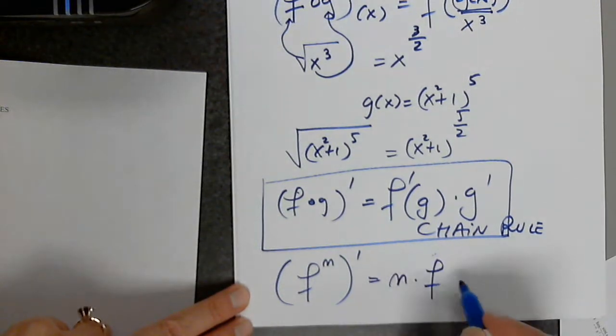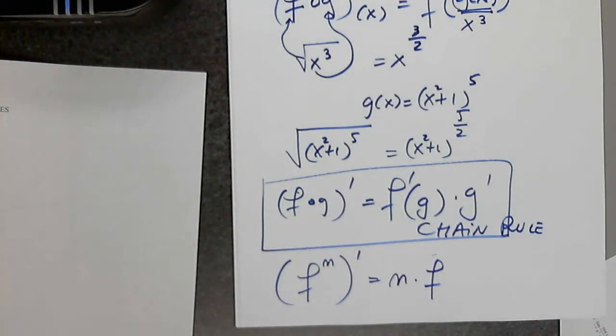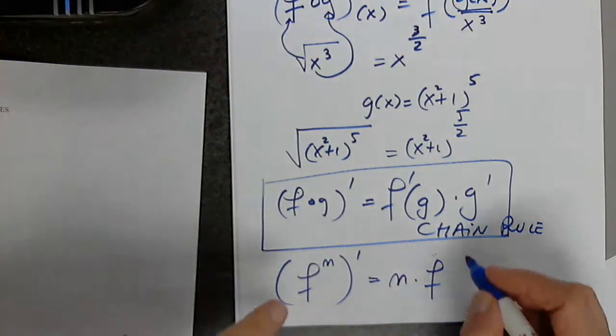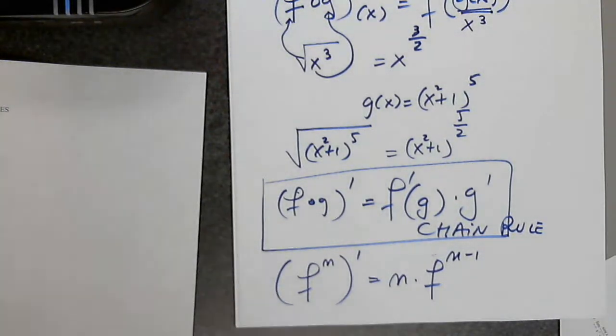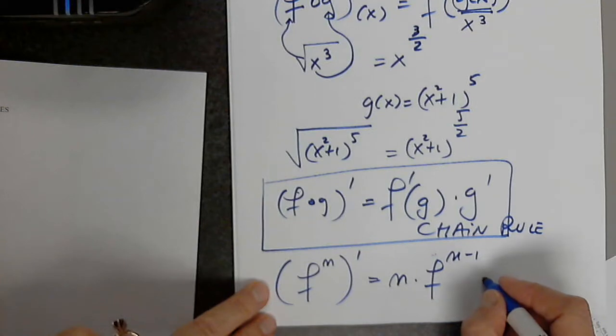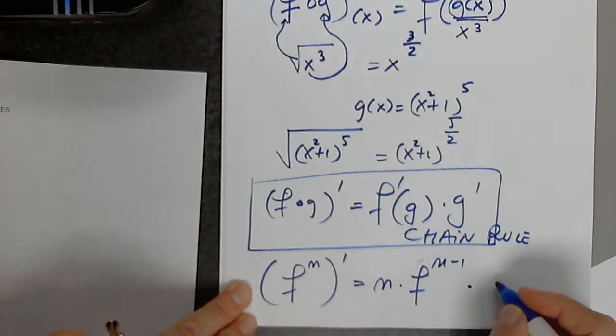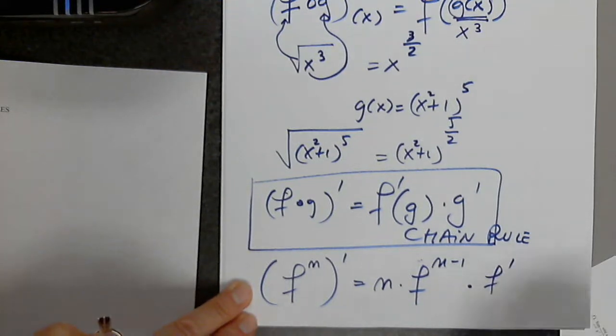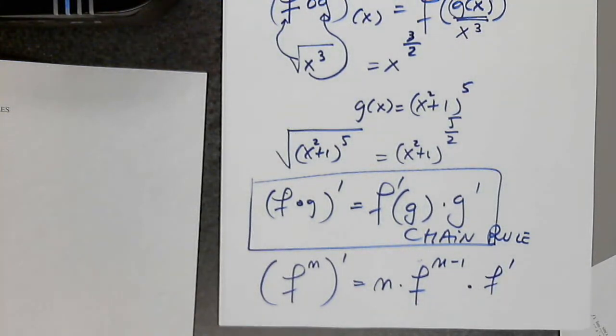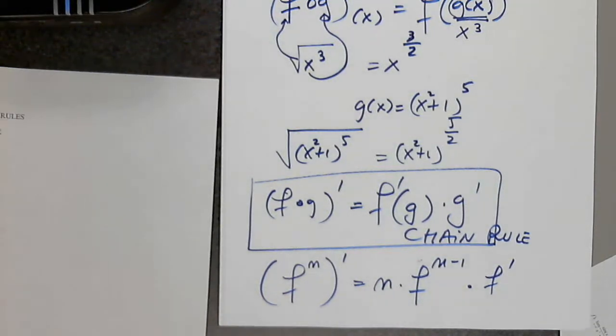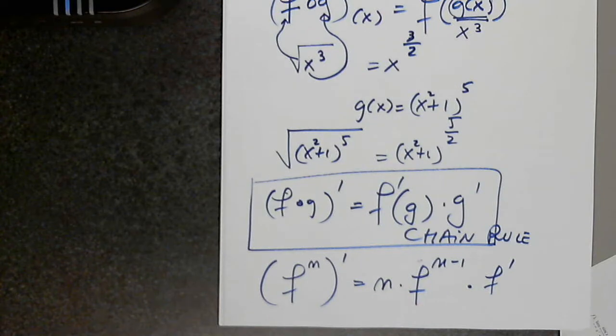I still have f raised to n minus 1, but since this is not plain x, I have to multiply the answer by f prime. Right? We don't differentiate the exponent. Is this clear?